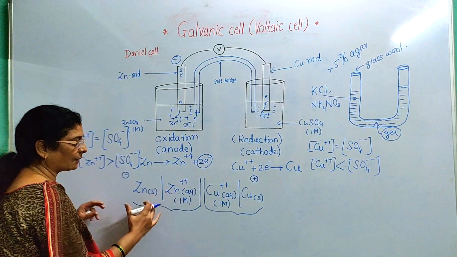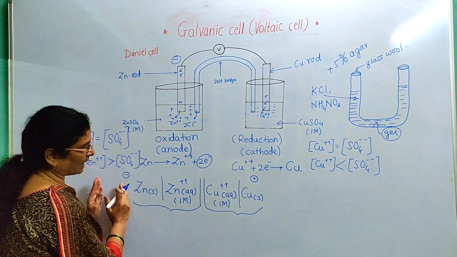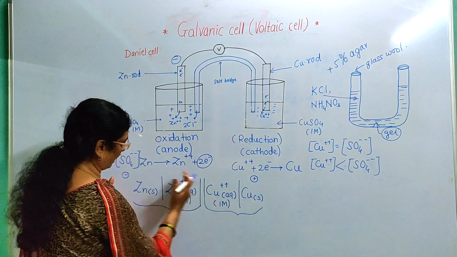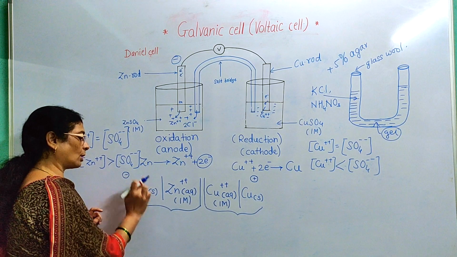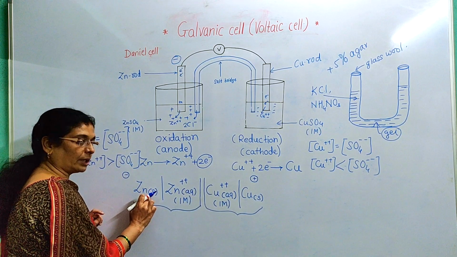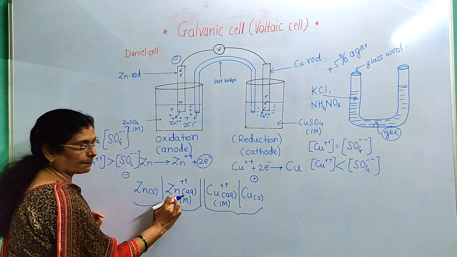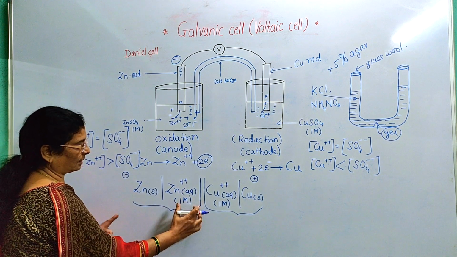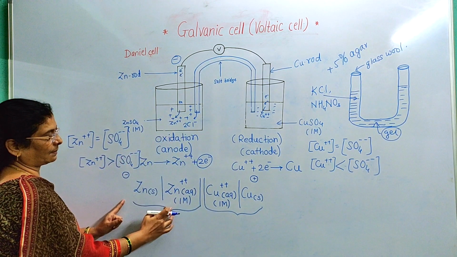In the middle of this cell formula, remember, aqueous solutions are there. And at the extreme left or extreme right, there are metals or solid parts. That is, Zn solid is here. Single vertical line, Zn++ ions, aqueous solution 1 molar. This is the representation for the zinc half cell where oxidation takes place.